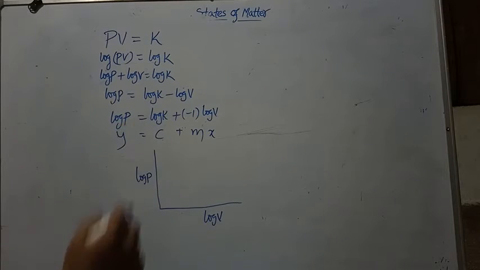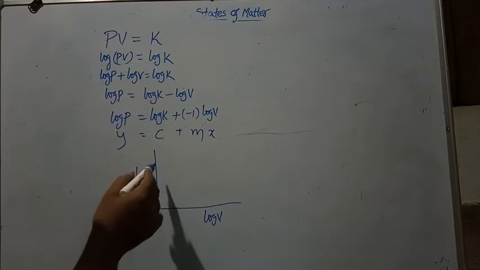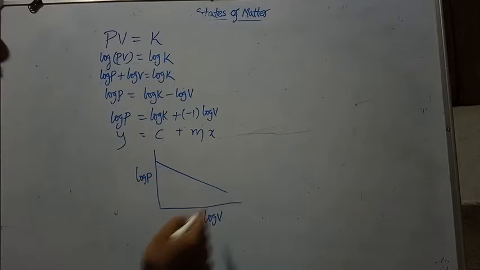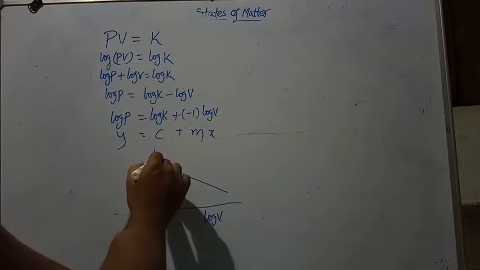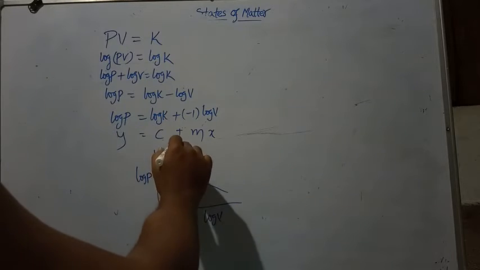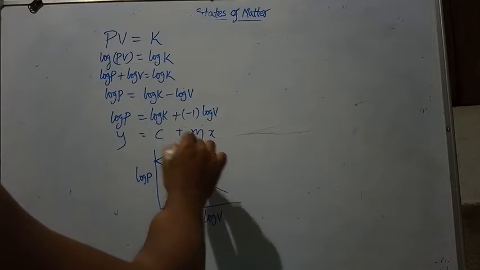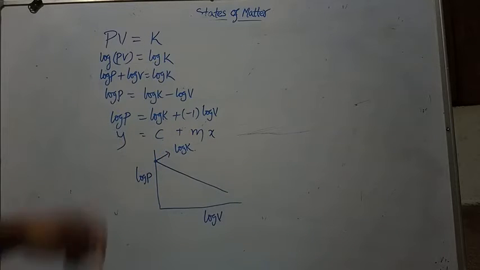Okay. Intercept will be log K. So the graph is coming like this. This point, what we are saying, is the intercept log K. So this is about the graph between log P and log V.